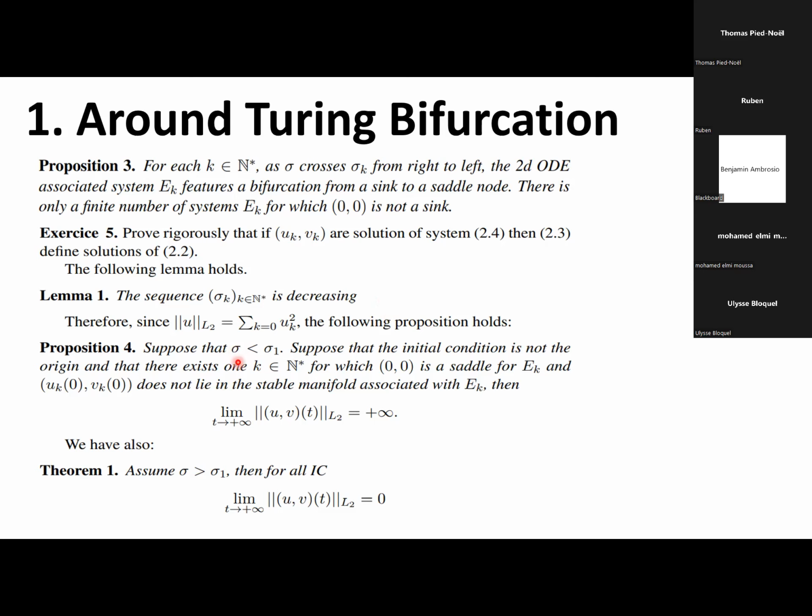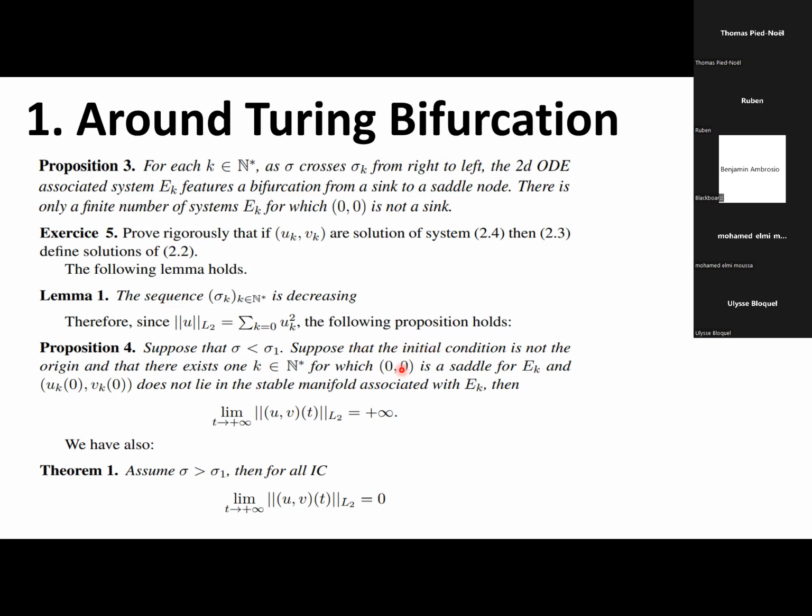But this means that if sigma is less than sigma_1, then for some of the ODEs, for some E_k, (0, 0) is a saddle for E_k, which means that every single solution of the ODE, if you don't start in some very specific initial condition, will go to infinity because this is all linear.